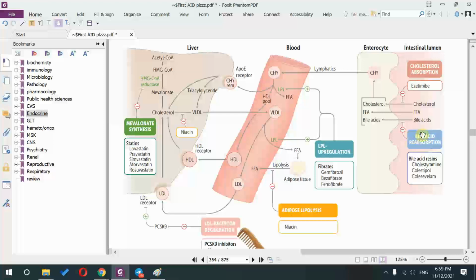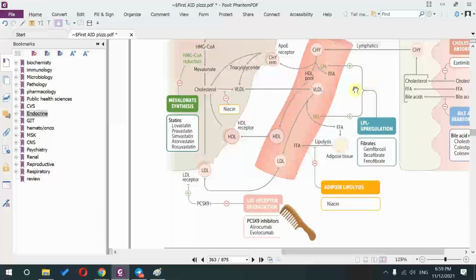Okay, so we spoke about the resins, we spoke about the cholesterol absorption inhibitor. What else do we have? I kept telling you how lipoprotein lipase is a good guy and how it creates free fatty acids from the chylomicrons, which are full of triglyceride, and it makes free fatty acid from VLDL, which is also full of triglyceride.